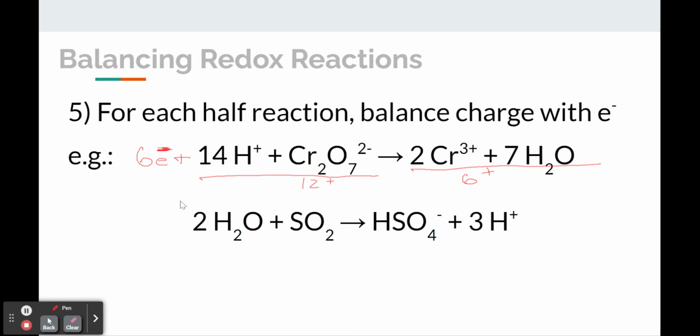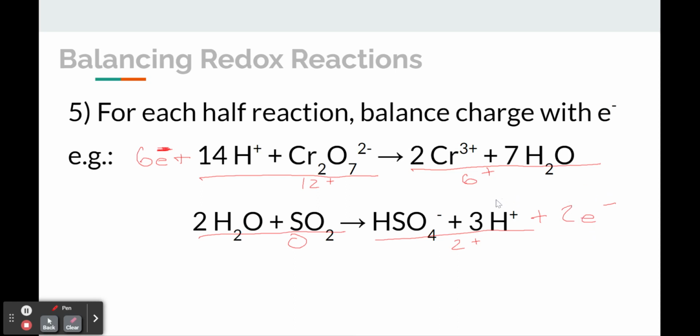All right, so now I'm going to look at the next half reaction. This is all neutral on this side, zero charge. Over here, I have three pluses and a minus, so that is 2+. So that means I'm going to add 2 electrons to this side. Now notice how I'm adding electrons to the right-hand side on the bottom half reaction, which we decided was an oxidation, because oxidation is losing electrons.